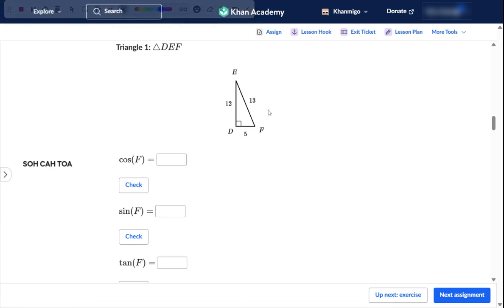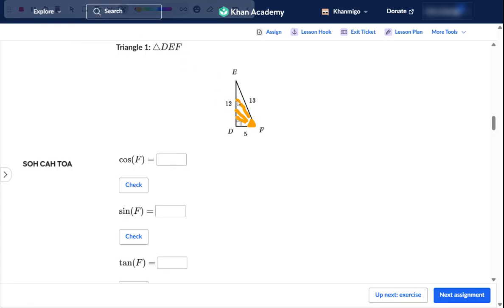So we've got this triangle here, DEF, and we want to find the cosine, sine, and tangent of angle F. Because we are always focusing on angle F, this is where our flashlight is located, and that light is shining directly across. It's like a really sad drawing of the sun.